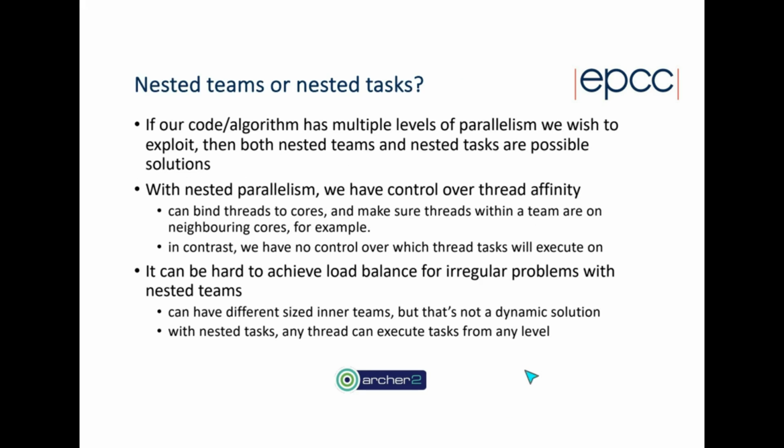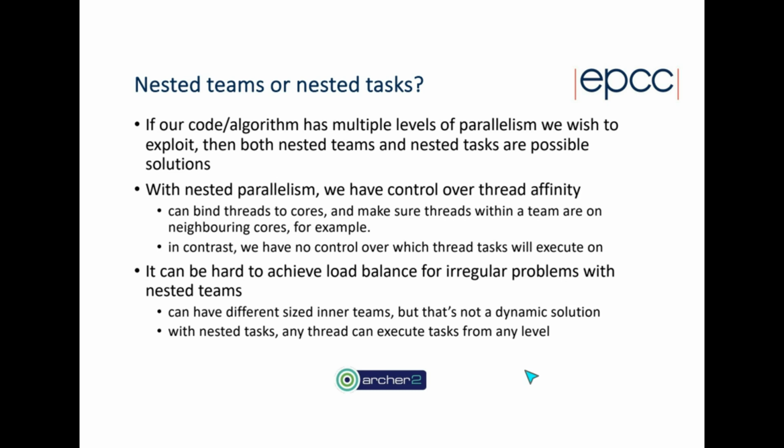Okay, so I mentioned earlier that we can have this choice. If we have nested parallelism in our code or in the underlying algorithm, then for an OpenMP implementation, we have the potential to choose whether to use nested teams or nested tasks. And the answer is, well, it depends.